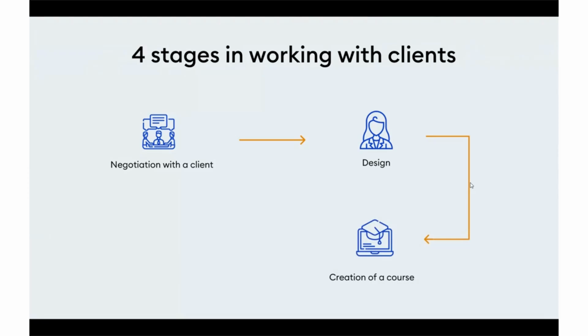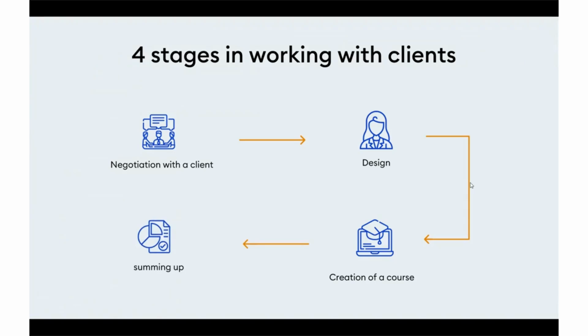The third stage is creation of a course. So this is the phase where we create a course. At this stage, the customer inevitably becomes involved in the course creation at the expert level, or the client evaluates and comments on drafts.